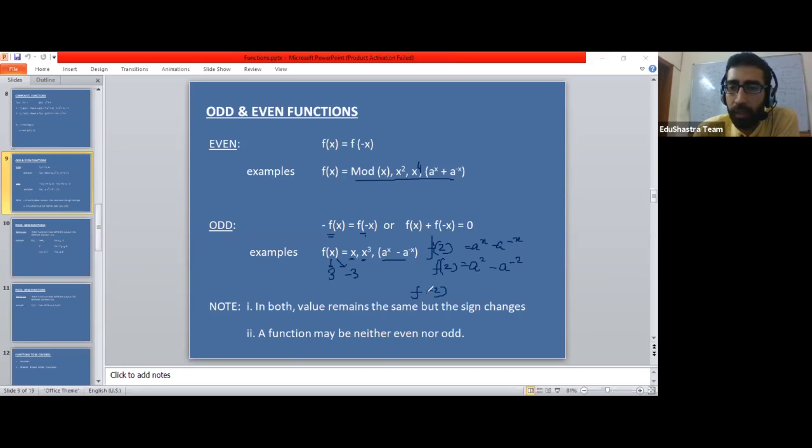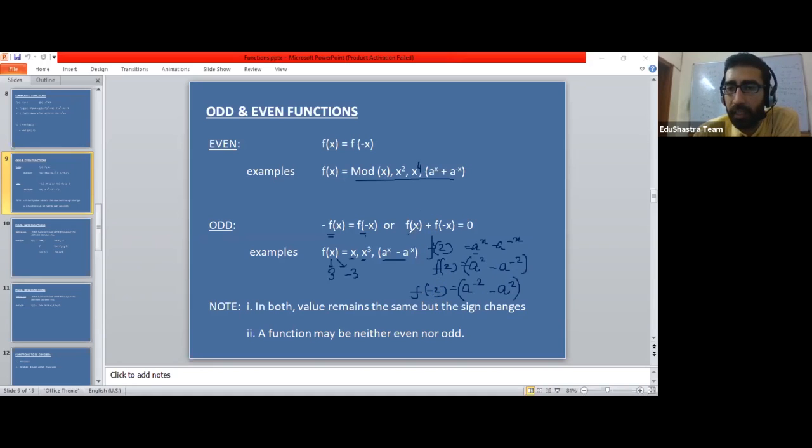If you take f of minus 2, you get a to the power minus 2 minus a squared. These two are exact negatives of each other. This is a squared minus a to the power minus 2, and this is the exact opposite, a to the power minus 2 minus a squared. Surely it's absolutely clear that f of 2 is minus of f of minus 2.